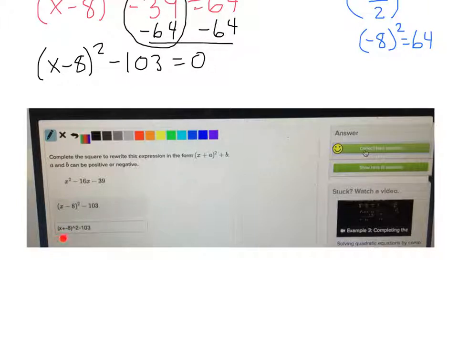See right here, I put it as x plus negative 8 squared because they said right here that they wanted it to be in the form x plus a all squared, all right? And then I put minus 103 because I got minus 103 right there. So this is how you would enter it. And you can look right here and make sure your form looks like what you intended it to look like right here. And you can see I got it right.